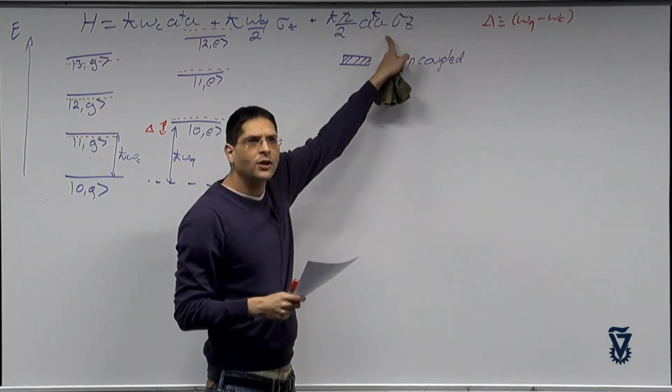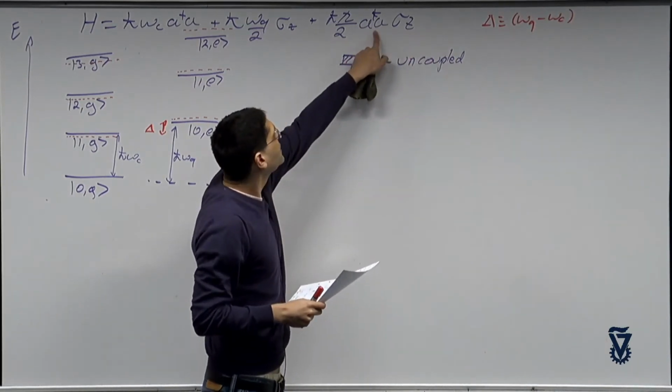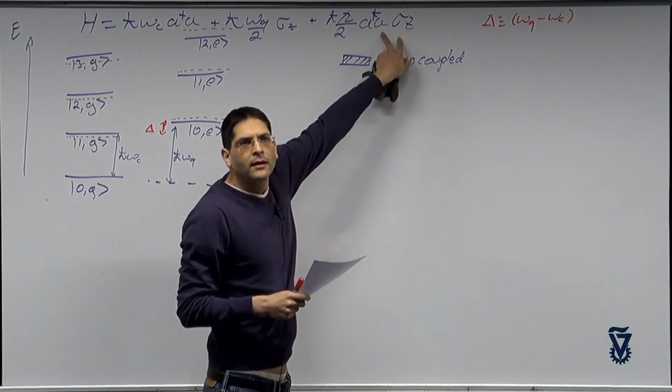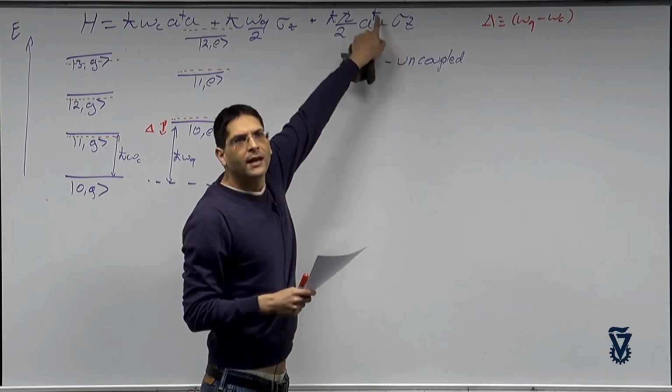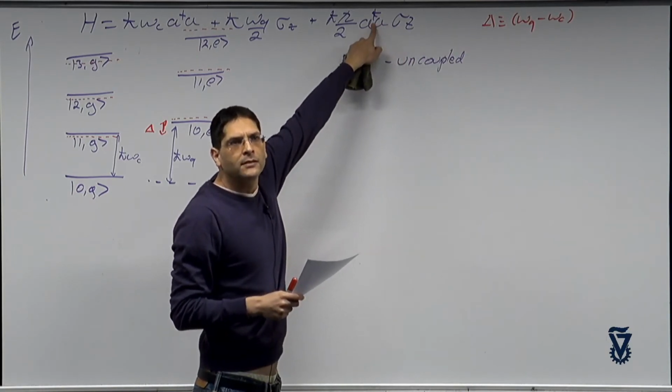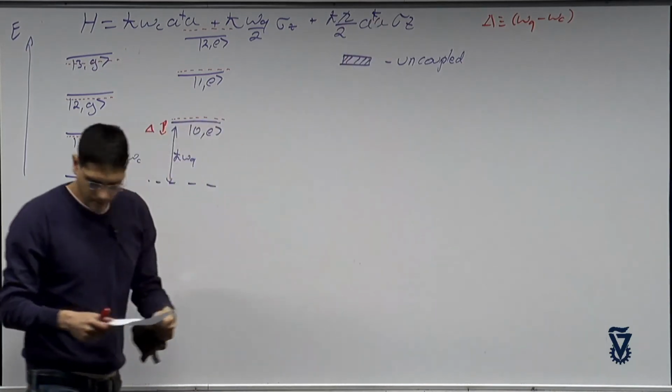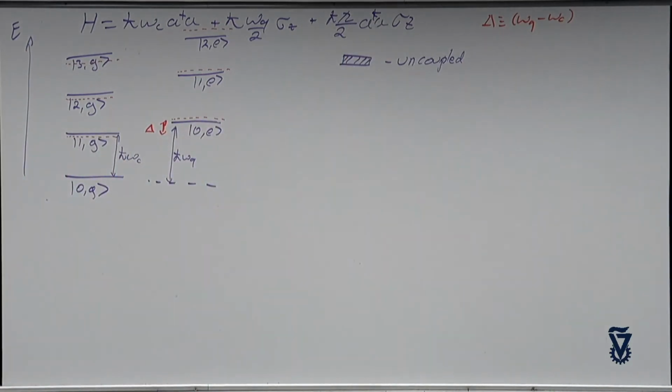And this interaction term basically shifts the frequency dependent upon the excitation of the qubit and the number of photons in the cavity. A nice way to look at it is if we look at the spectrum. So let's look at the spectrum.